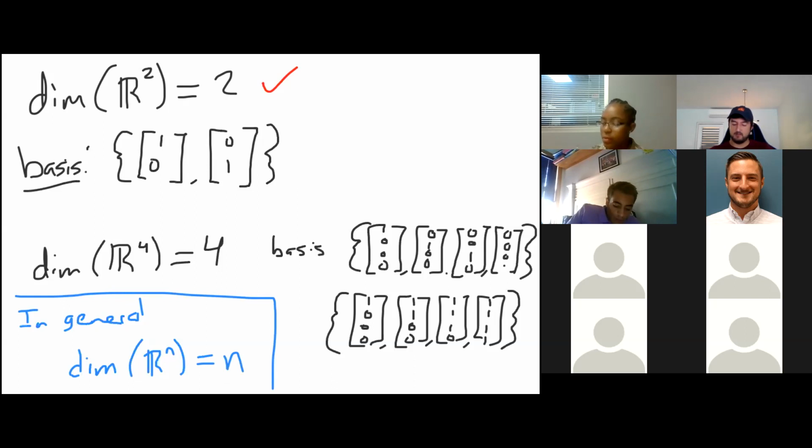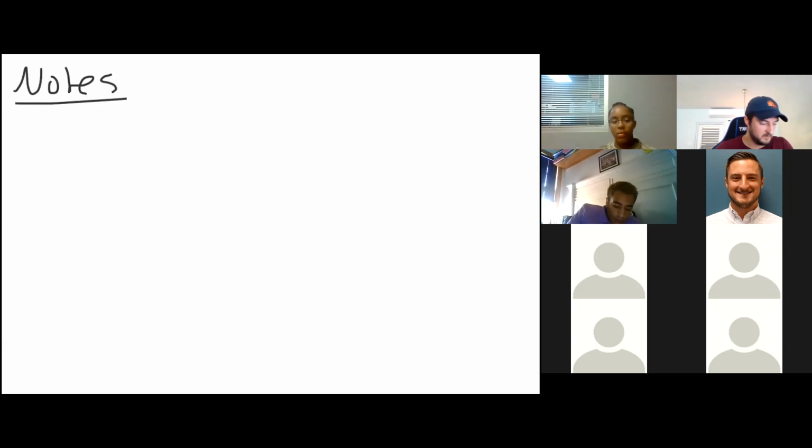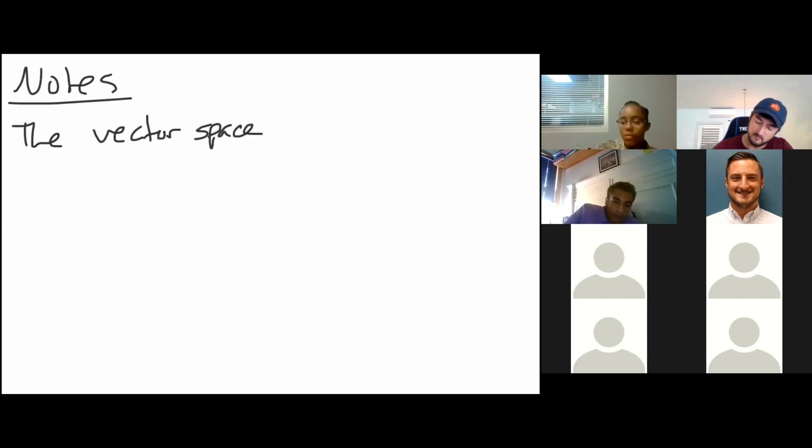So just a couple more definitions or notes about this definition of dimension, and we'll start dealing with more examples. First, the vector space which only contains the 0 vector. This is a vector space. It does satisfy all of our axioms.